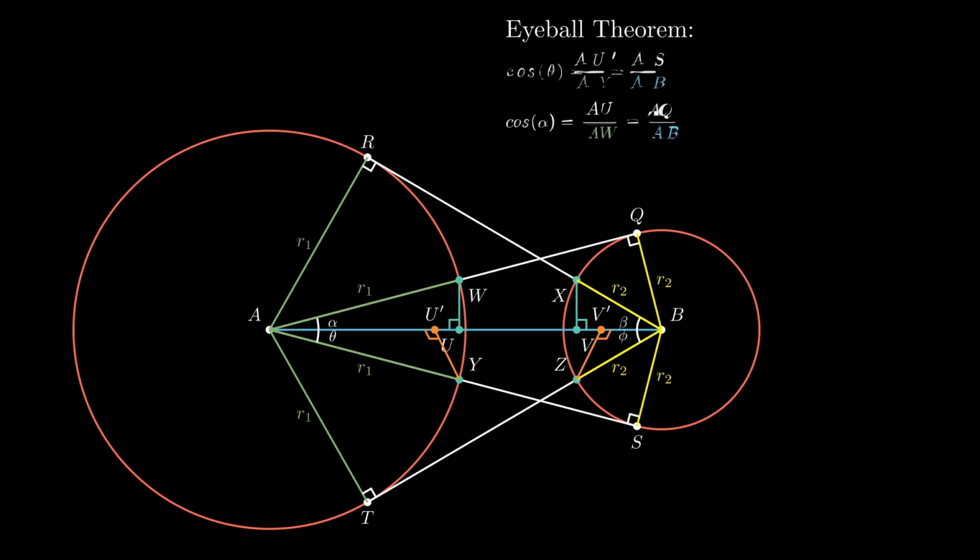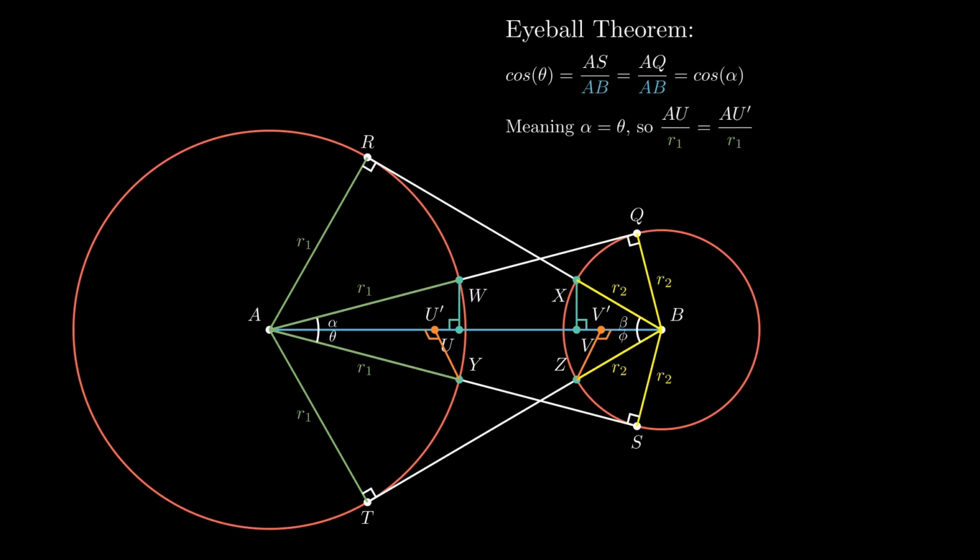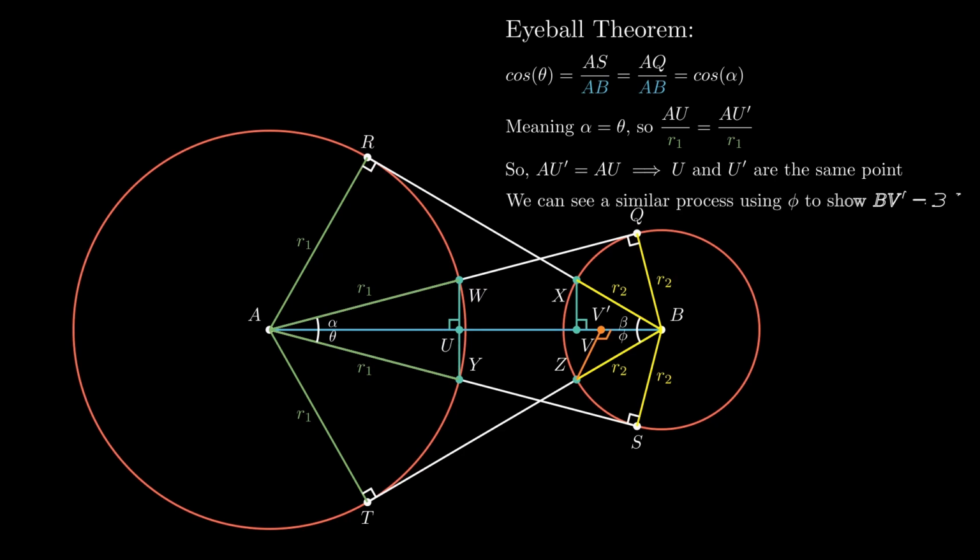So substituting these together, cosine of theta is equal to AS over AB, which is equal to AQ over AB, which is equal to cosine of alpha. This means that alpha must equal theta, so AU over R1 equals AU prime over R1. This means that AU prime equals AU, which implies that U and U prime must be the same point. We can see a similar process using phi in order to show BV prime is equal to BV.